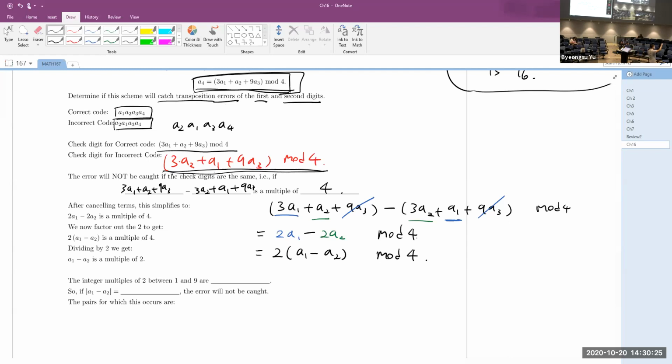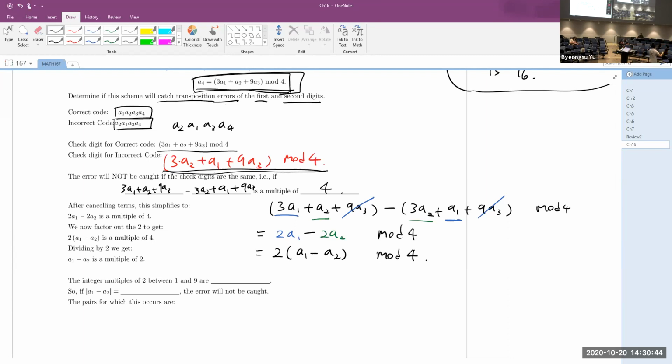Here we just started with mod 4, right? So from 3A1 minus A1, we get 2A1, and also A2 minus 3A2, we get minus 2A2, but we didn't touch anything on the mod 4. So that's why we still have mod 4.